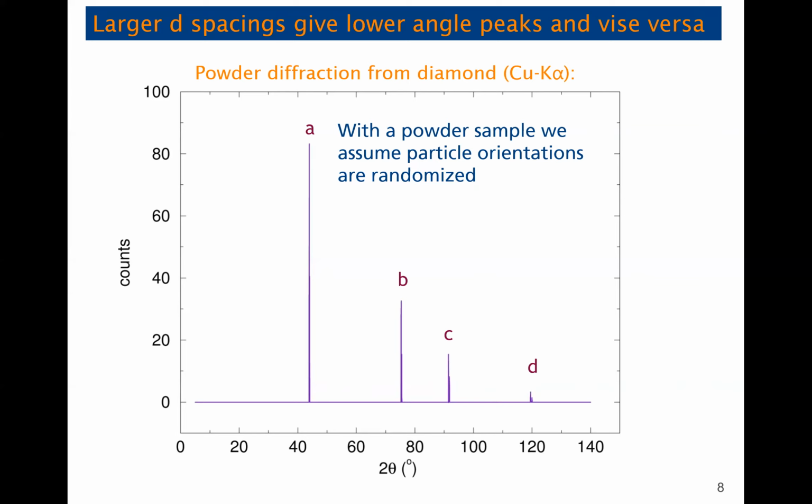Maybe your particles are all longer in one direction than another, and so they stack up in a certain way. This would show up in your X-ray diffraction pattern as different intensities. So sometimes we spin the sample stage to try to get rid of some of that preferred orientation showing up in our X-ray diffraction data.